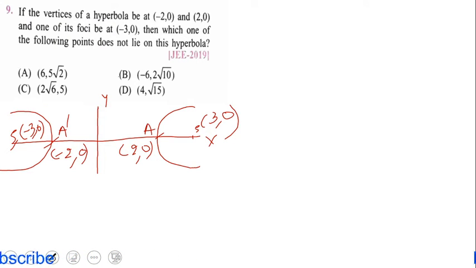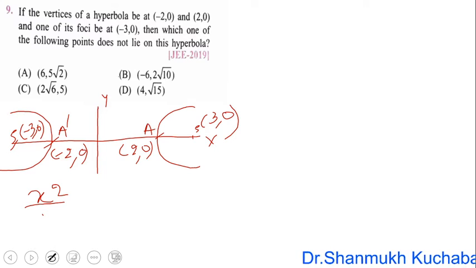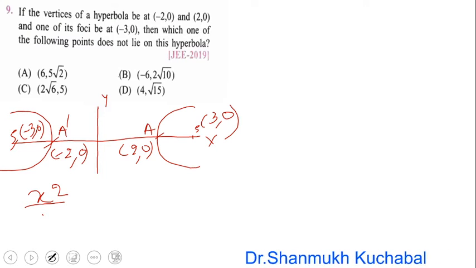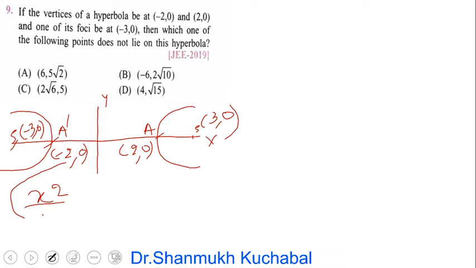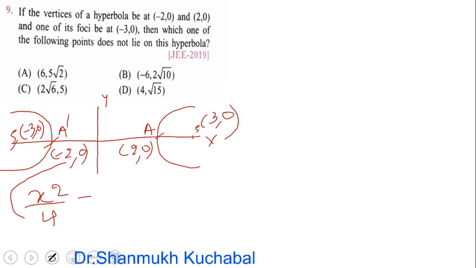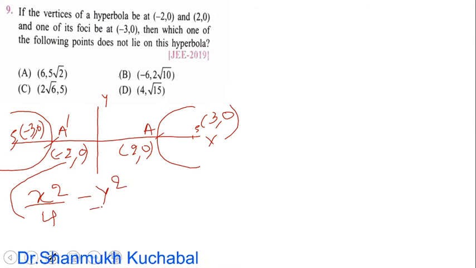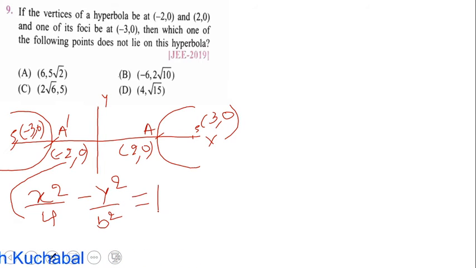Then we will use the standard equation, x square by a square. So a is minus 2, so minus 2 square is 4, and b square information we don't have, so I write minus y square by b square equal to 1.